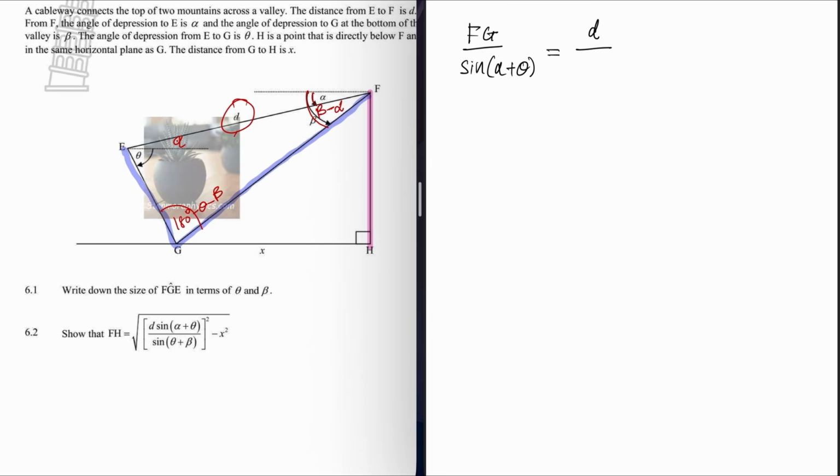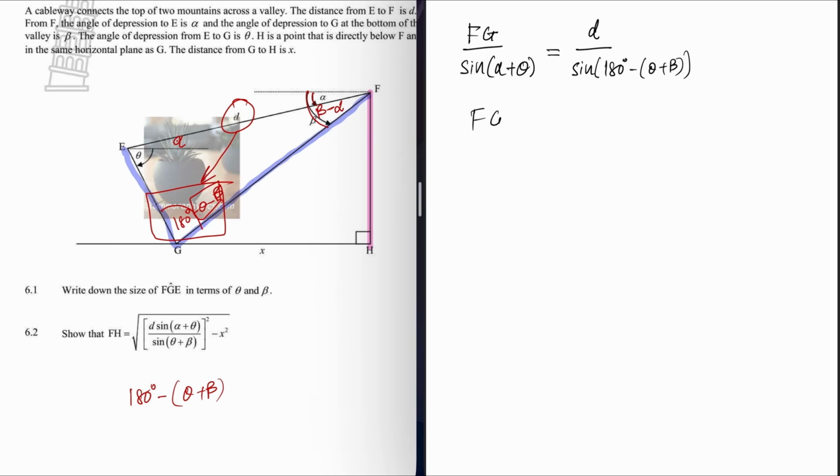over sine of the angle across it, so sine of, now I need to be careful about how I write this, because it's 180 minus, I can apply reduction here, but I need to rewrite this part a little differently. So instead of writing 180 minus theta minus beta, I'm going to write it as 180 minus theta plus beta. That's because when I'm applying that reduction, sine of 180 minus some angle simply becomes positive sine of that.